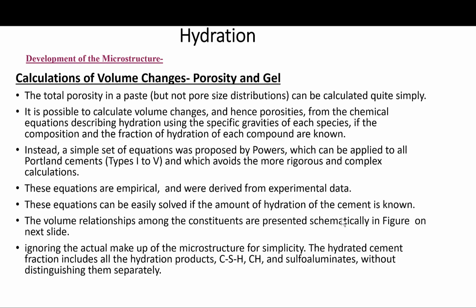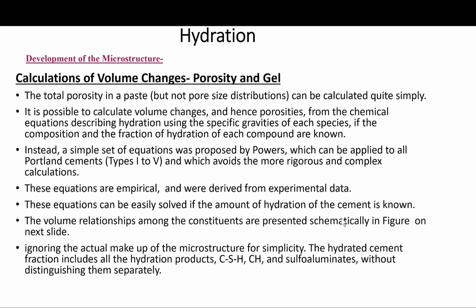But instead of that, a simple set of equations was proposed by T.C. Powers, which can be applied to all Portland cements, types 1 through 5, and which help us avoid the more rigorous and complex calculations. These equations are empirical in nature and derived from the experimental data.